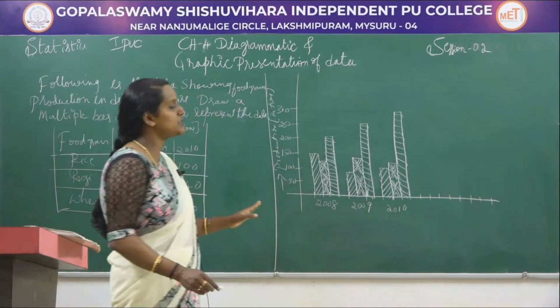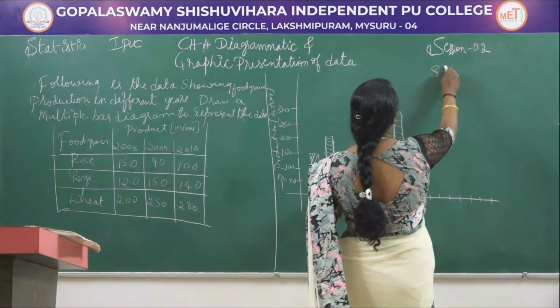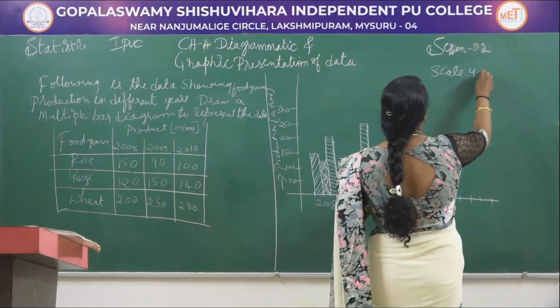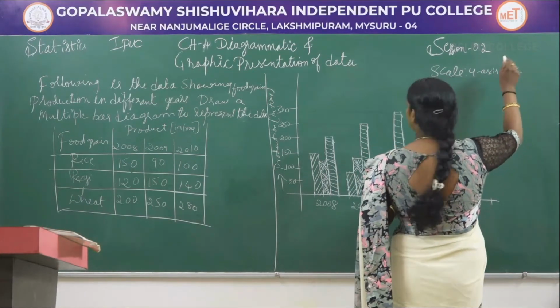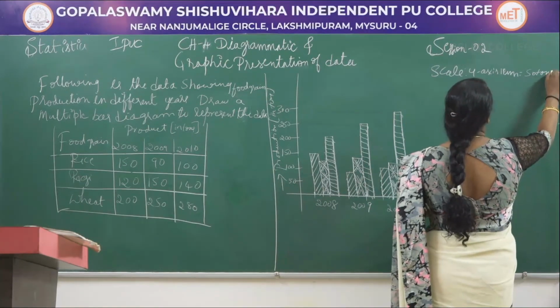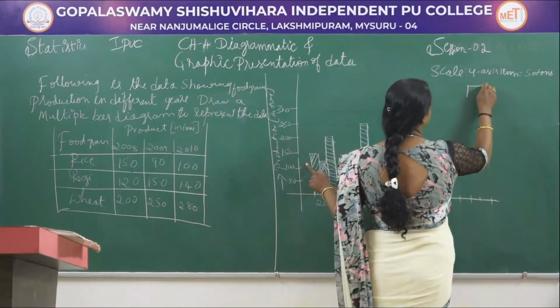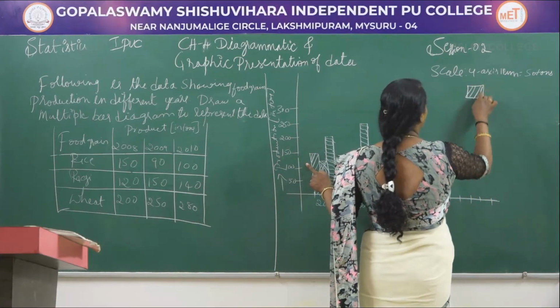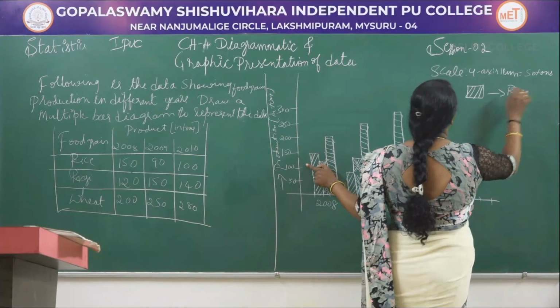After this we have to write the index. First I will write the scale for the y-axis. On the y-axis we have taken 1 centimeter equal to 50 tons. For the first shade, I am writing in the index, this is rice.